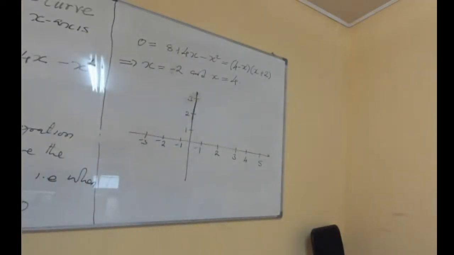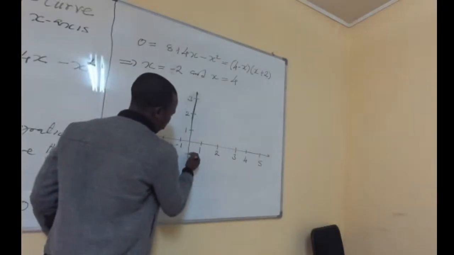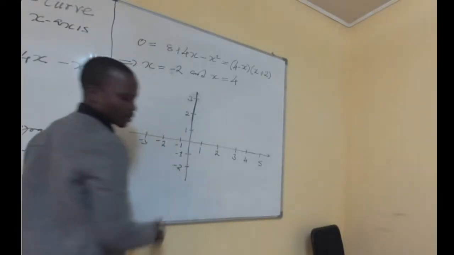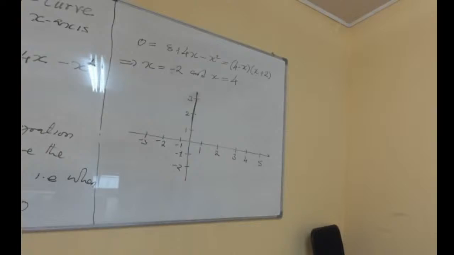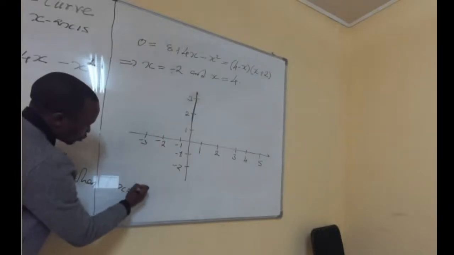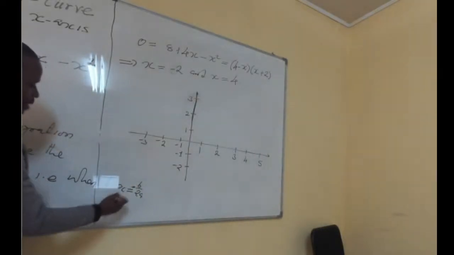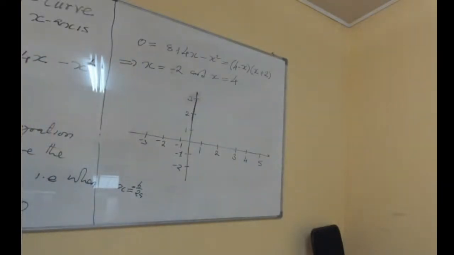Our turning point occurs when x is equal to what? We have mathematicians here, please. X is equal to negative b over 2a.